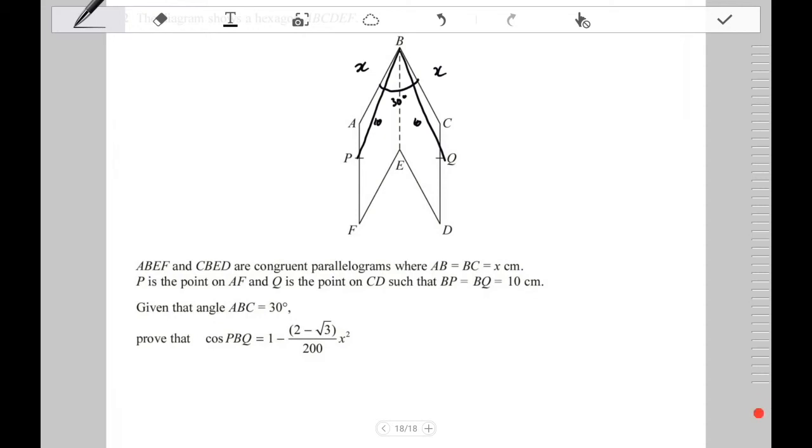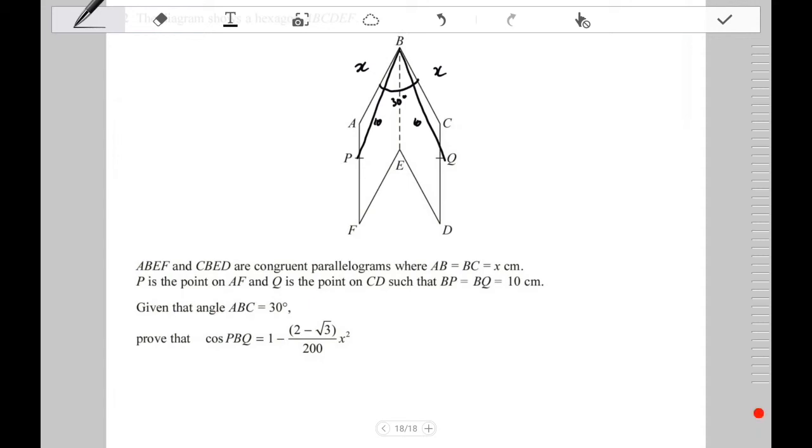is equal to 1 minus, okay. Cos PBQ. Okay, so it seems as though we're going to have to use the cosine rule, because you've got cos of an angle, and you've got 1 minus some squares and so on.